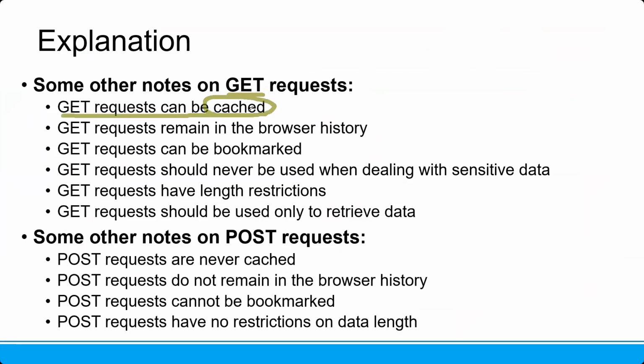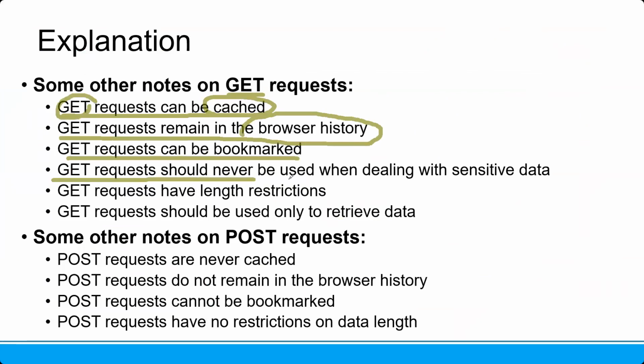So that's the meaning of cache. They will save your information. So using the get, your data can be saved. And if you use get, it can be in the browser history. So in Chrome, there's some kind of browser history. And get can be bookmarked. So you can save it and then visit that page later.